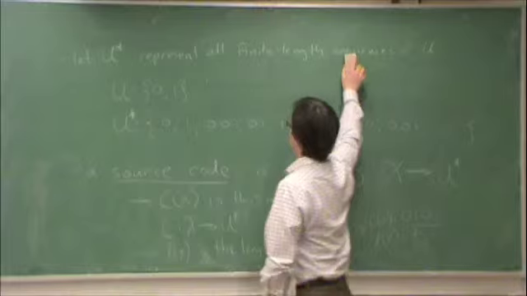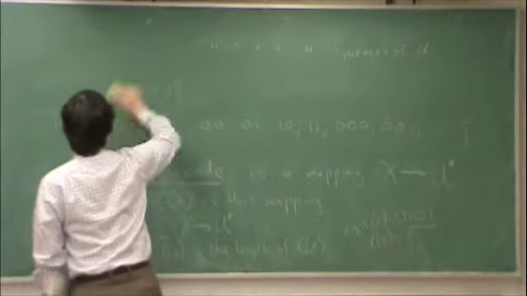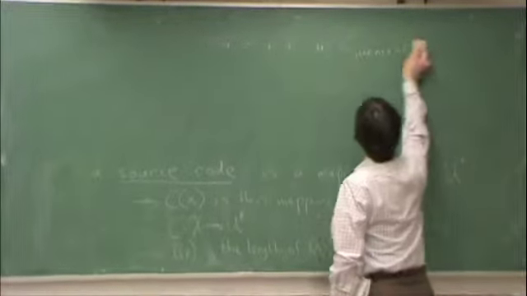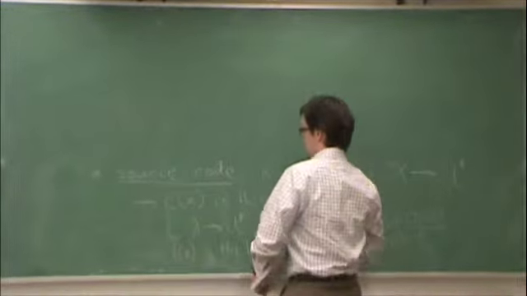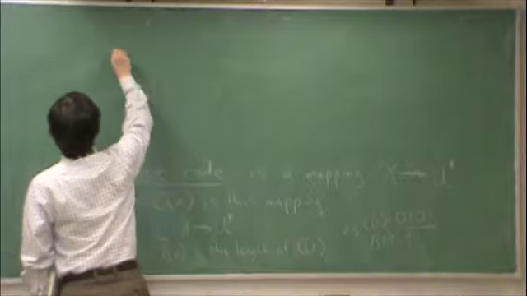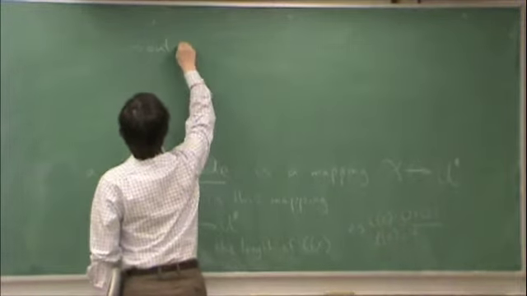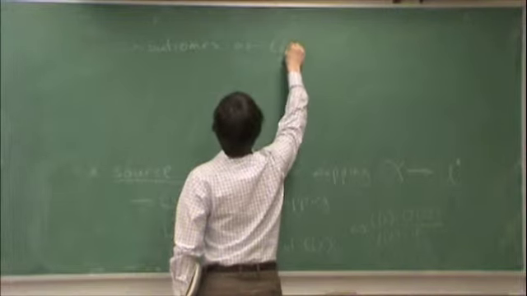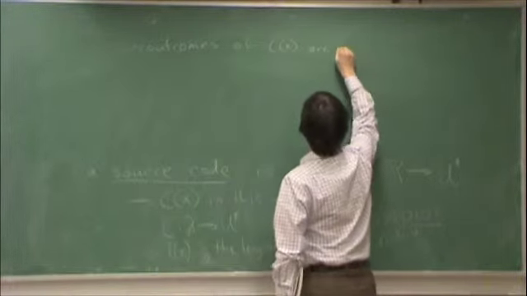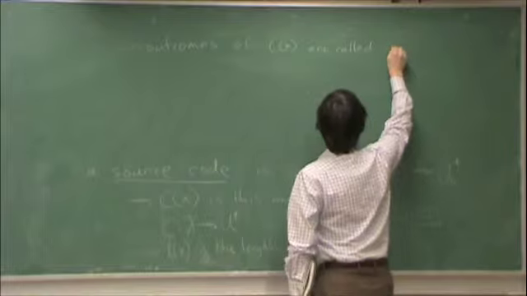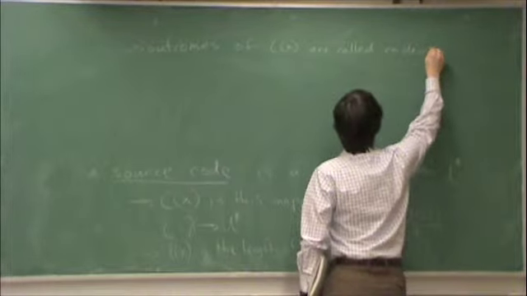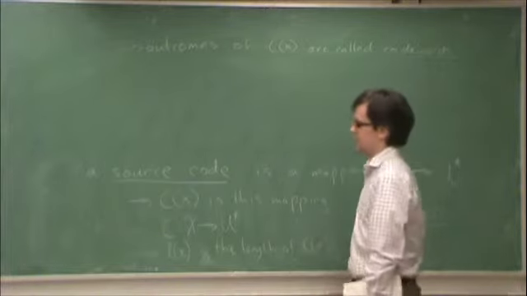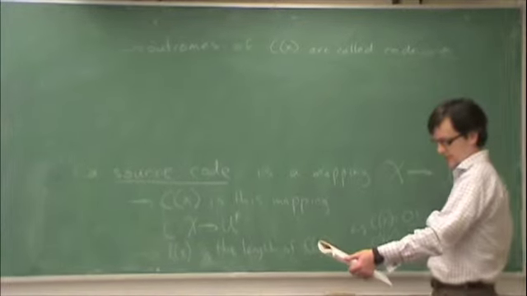Some further terminology. The outcomes of the function C of X are called code words. So these are the allowed code words that you use in your source code.